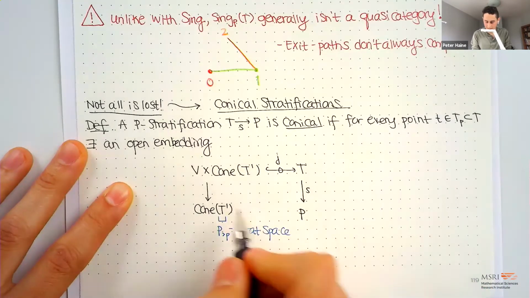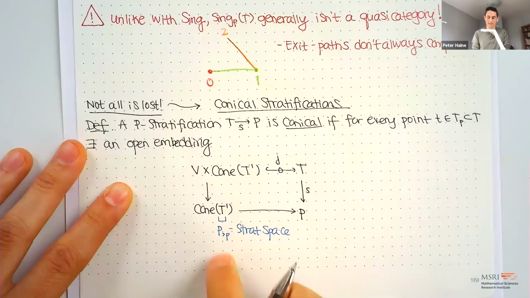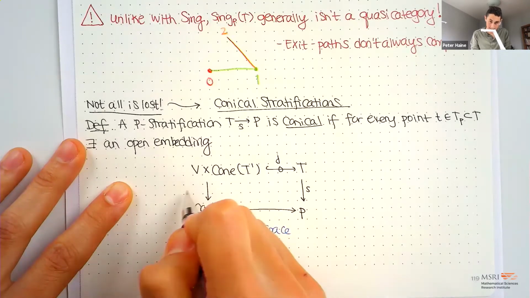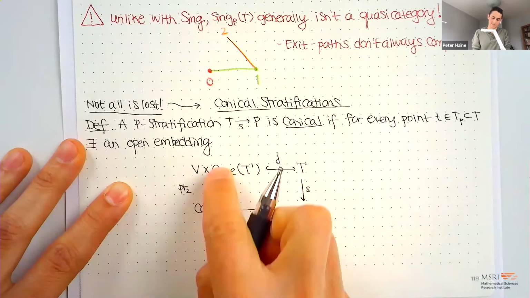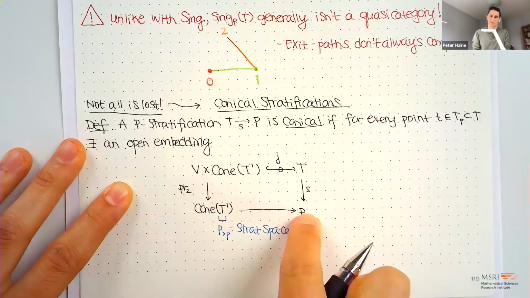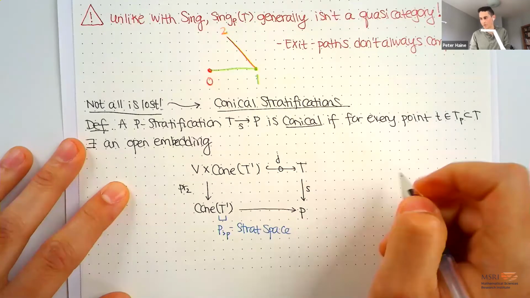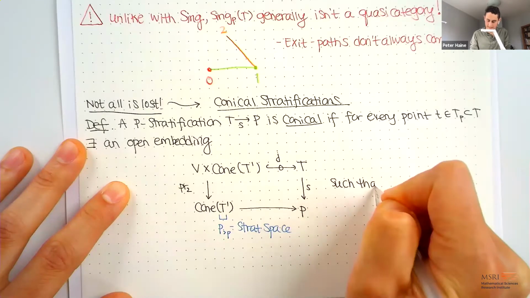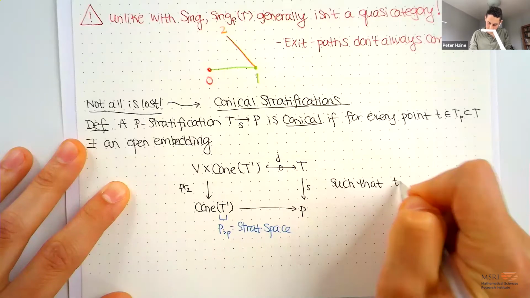If I take the cone on it, it's going to have a stratification down to P, including the element P. So you project onto the place that you have the stratification, and you want this to respect the stratifications. It looks like this. And you want this to be an open neighborhood of your point, so I guess t is in the image of j.